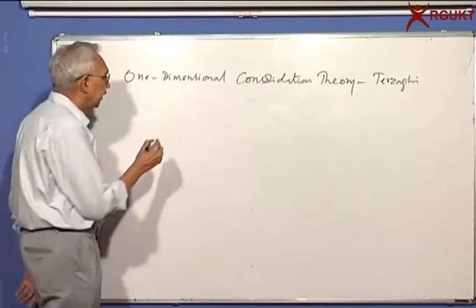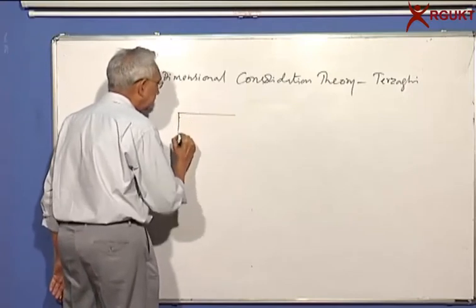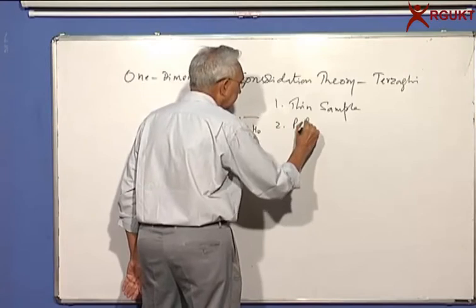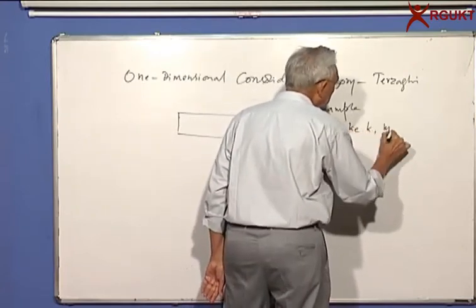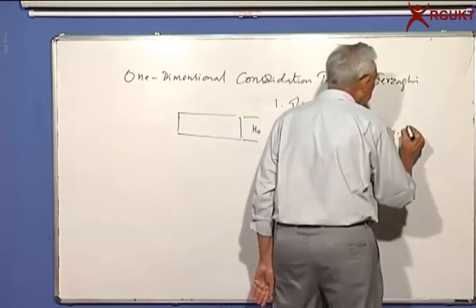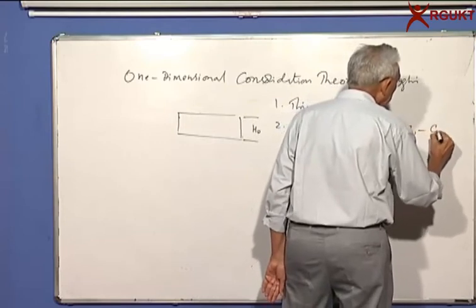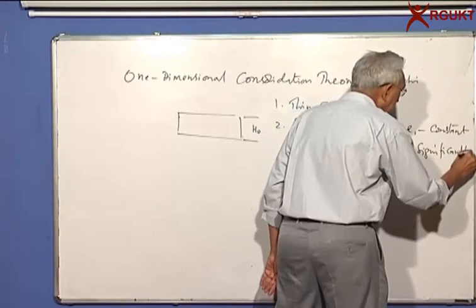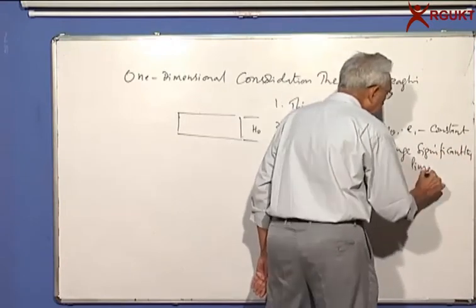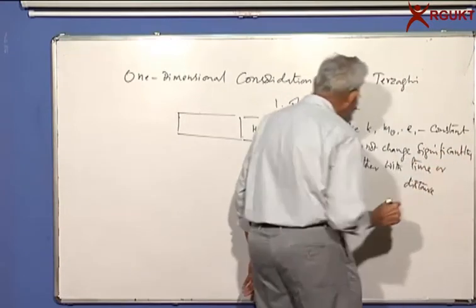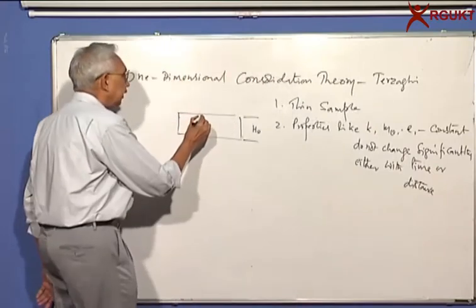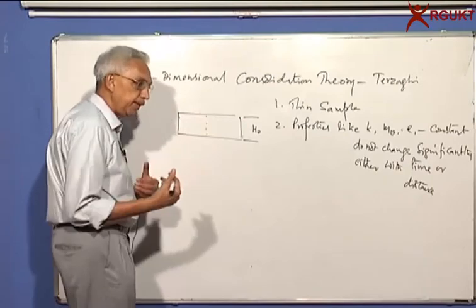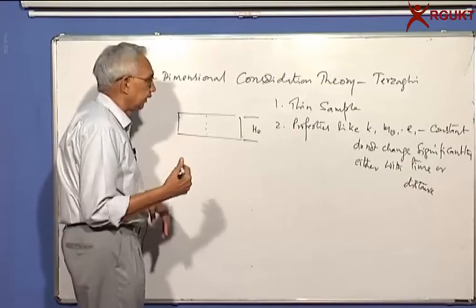What he said was, let us take a relatively thin sample, say H2. First, the properties are constant, like permeability, coefficient of volume change, or even void ratio. They do not change significantly, either with time or distance. That means whatever property you are looking at is the same all over, and the same at the beginning and end of the test.